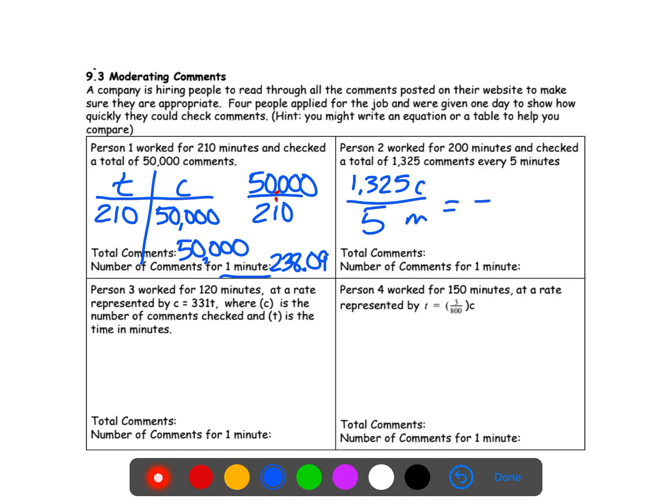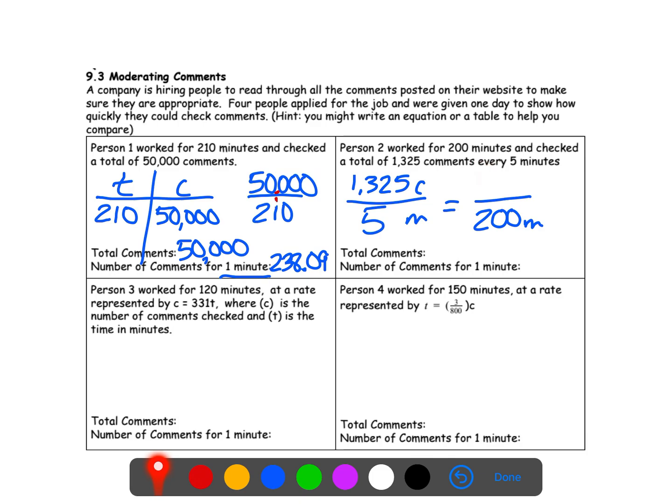I could look here at 200 minutes, and if you remember back when we were talking more about scaled copies, we were looking at how these ratios are compared to one another, making a proportion. So 5 times what would give me 200, and I'm going to use that same multiplier to change the amount of comments.